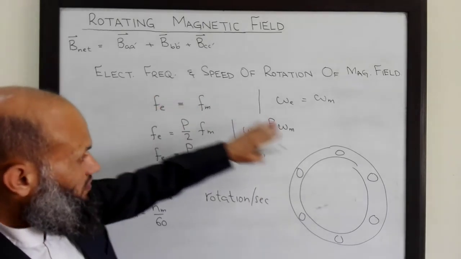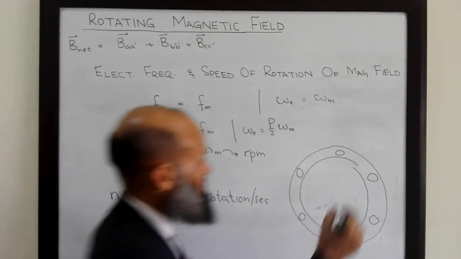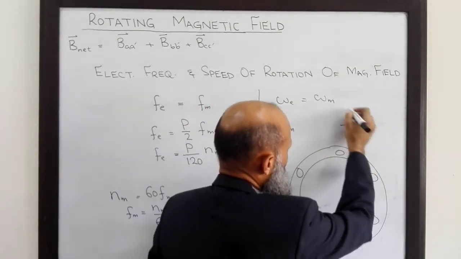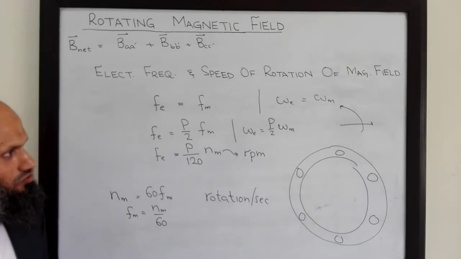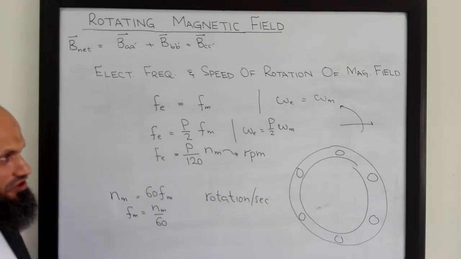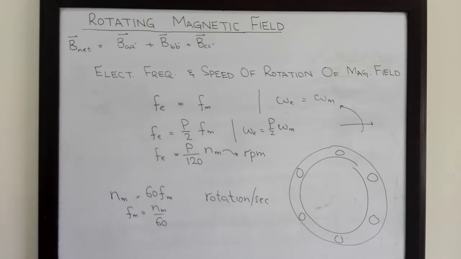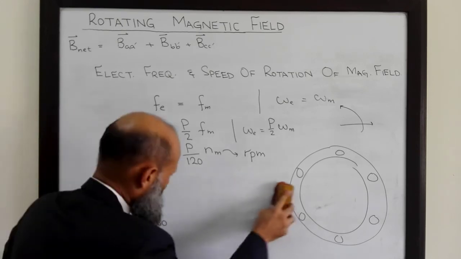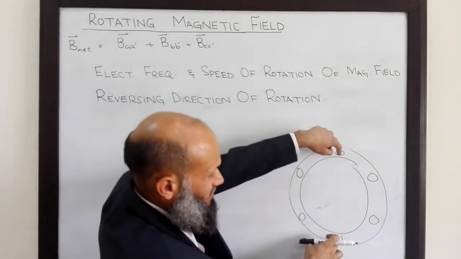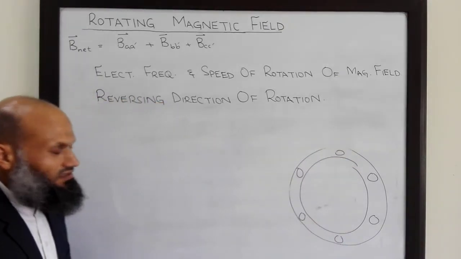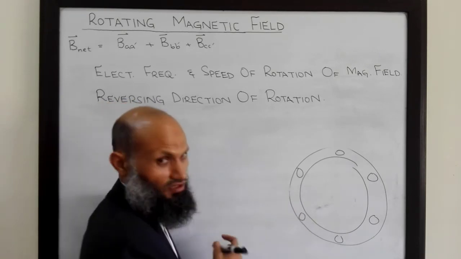So in this particular situation, what was the direction of rotation of the magnetic field? The magnetic field was rotating in the counterclockwise direction. Is there any way to change the direction of rotation of this magnetic field? Yes, we can change it. If we swap any two windings, then the direction of rotation of the resultant flux density vector will change.